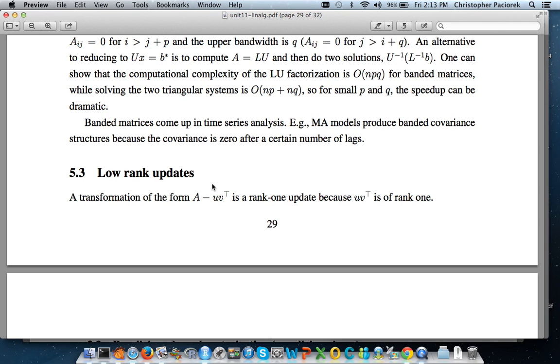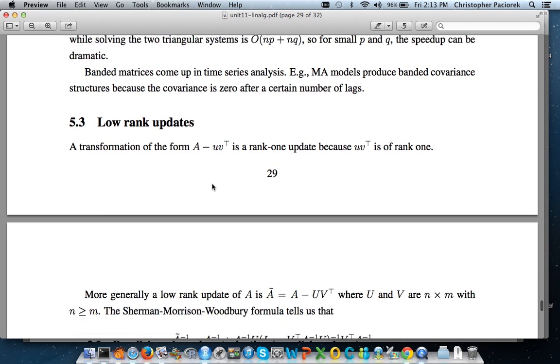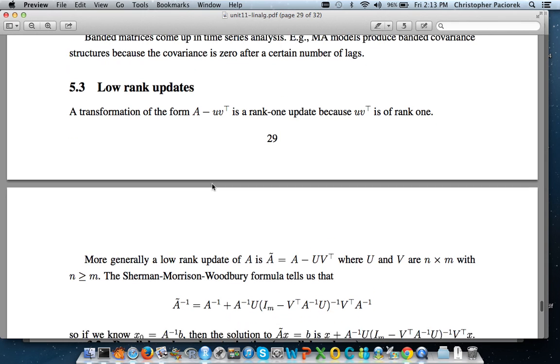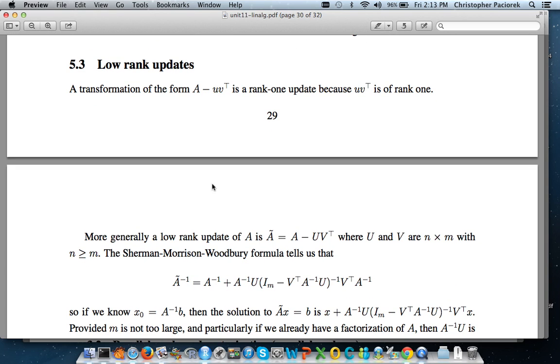Another example of that, which I won't go through in any detail, is something called a low-rank update. There might be times where you have a matrix that is formed like this: a full matrix plus an outer product of two vectors. If you have that, or an outer product of two matrices that are n by m, the inverse of this A tilde, which has this special structure, is known to have this form.